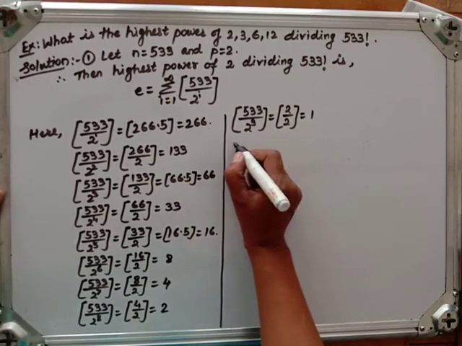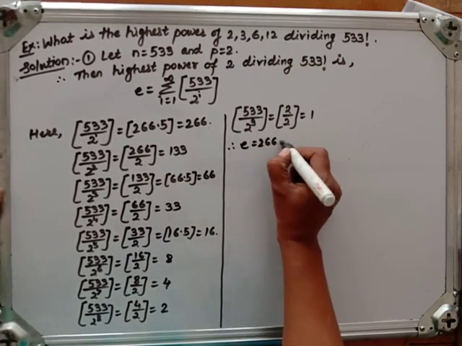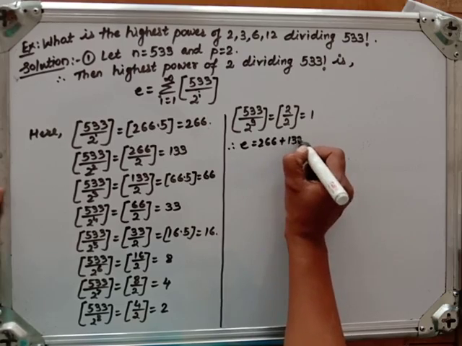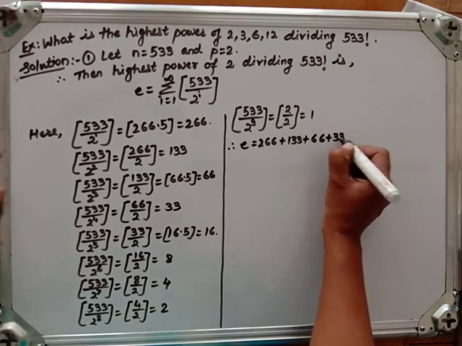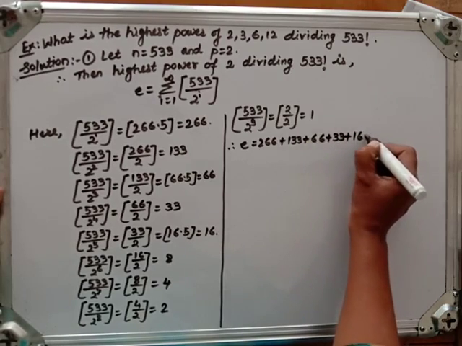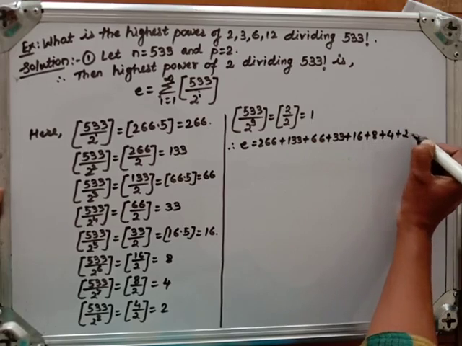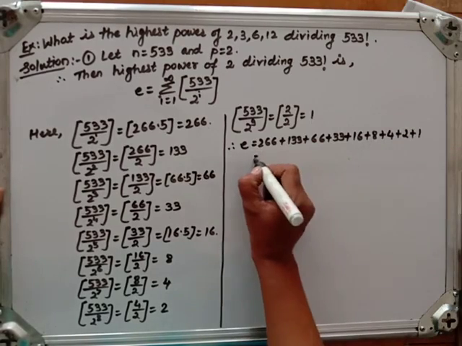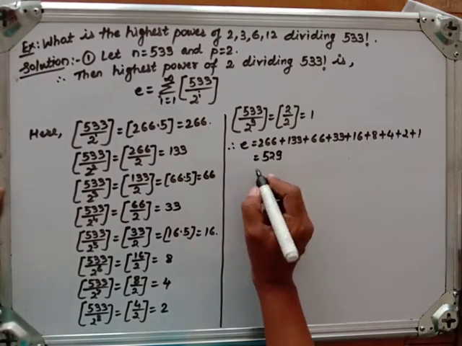So here we get, therefore E is equal to 266 plus 133 plus 66 plus 33 plus 16 plus 8 plus 4 plus 2 plus 1, that is equal to 529.